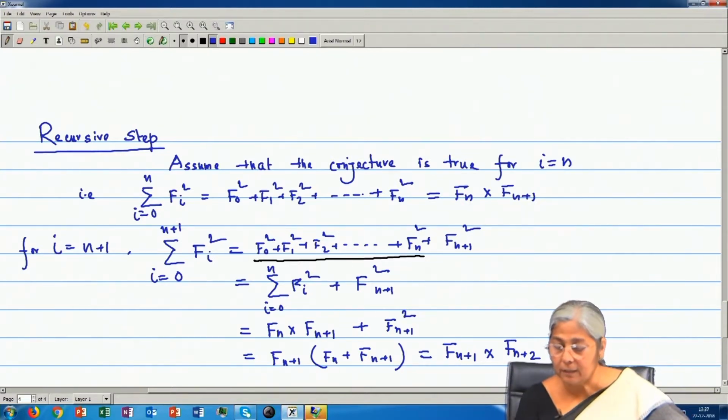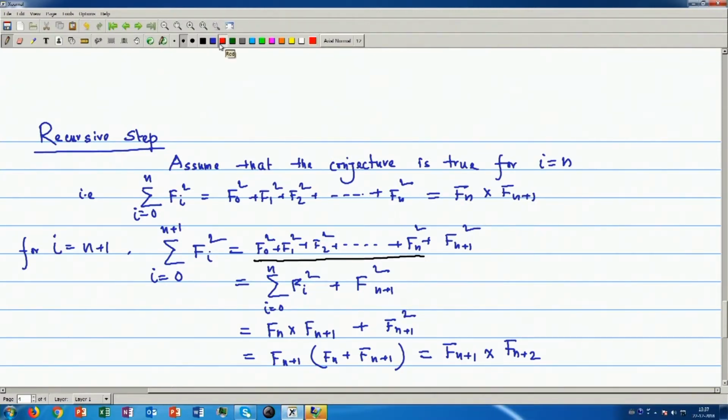Here we use the recursive definition of the Fibonacci sequence and the principle of mathematical induction.